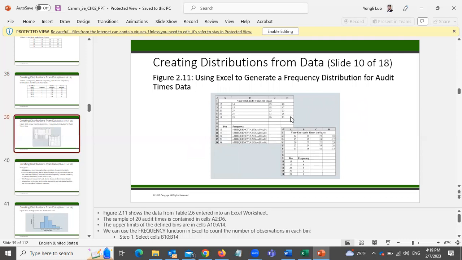That's all the data we have in this range. Then you see A10 to A14, which is going to be the bin that you use.